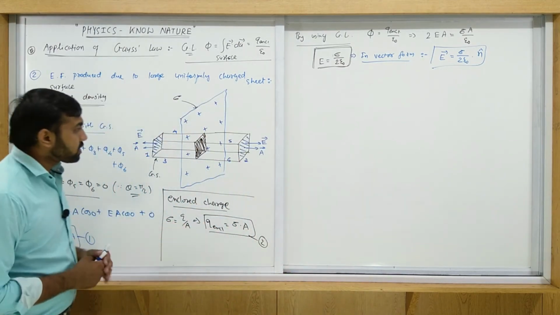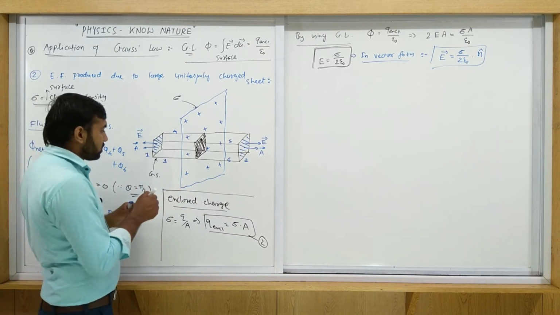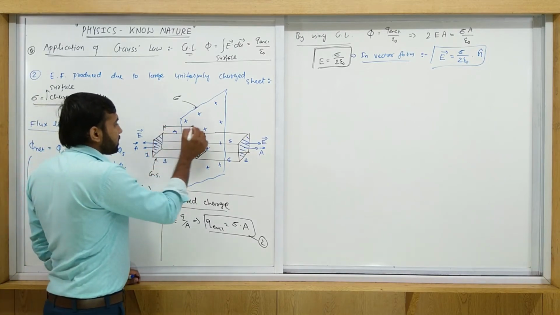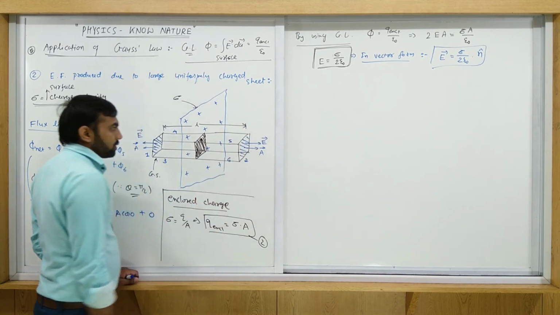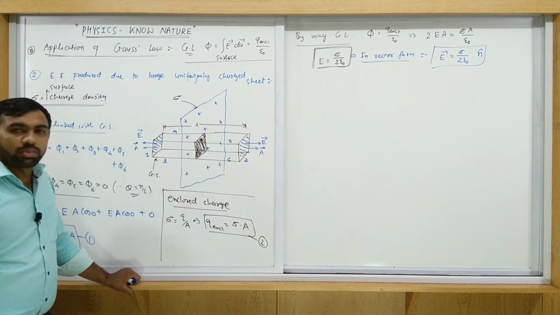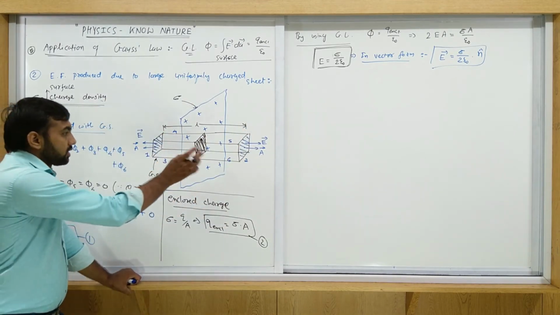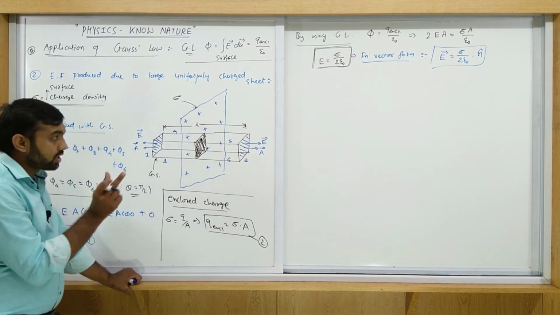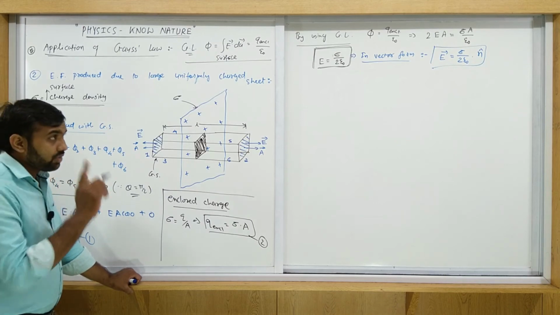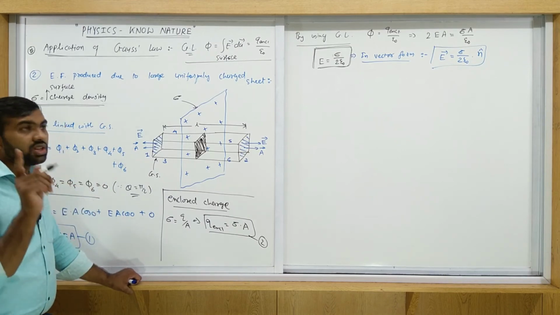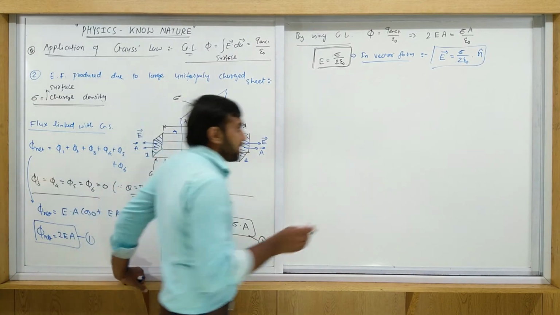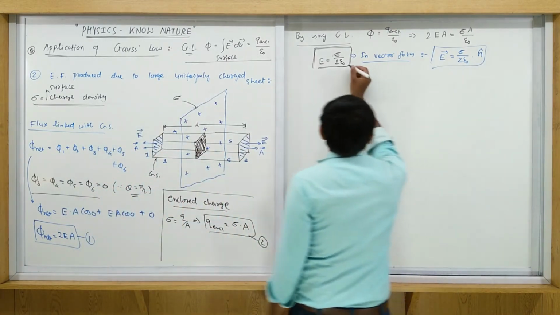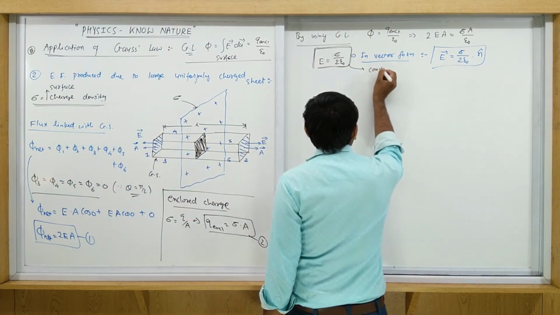Here we choose, suppose, the length of the cylinder is L. But in the equation, length is not present. It means this electric field does not depend on dimension, that is, it does not depend on distance. The electric field is constant because sigma is constant and epsilon naught is constant.